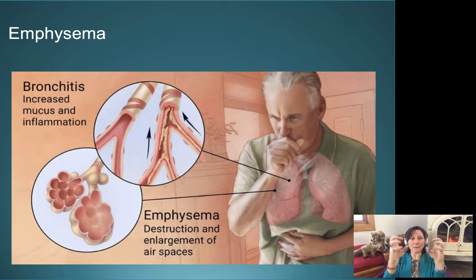All of that membrane in each of those cups is surface area for respiration to occur and for diffusion of gases to cross. But when you have the destruction of those membranes in between, you end up with one big cup rather than several little cups with extra membranes. So you've destroyed some of that surface area for diffusion to occur across, and it causes enlarged spaces, which is actually not good for respiration.